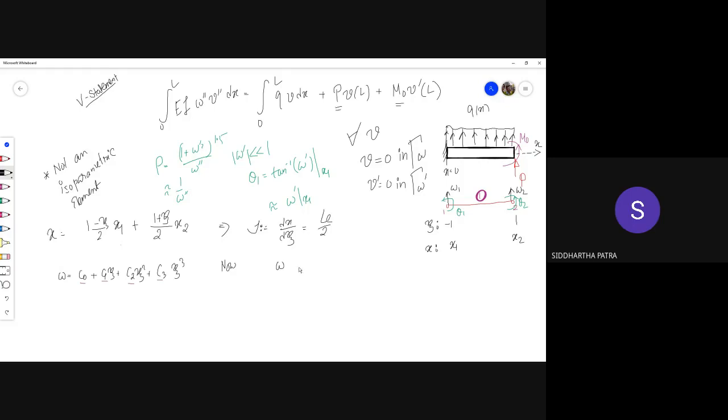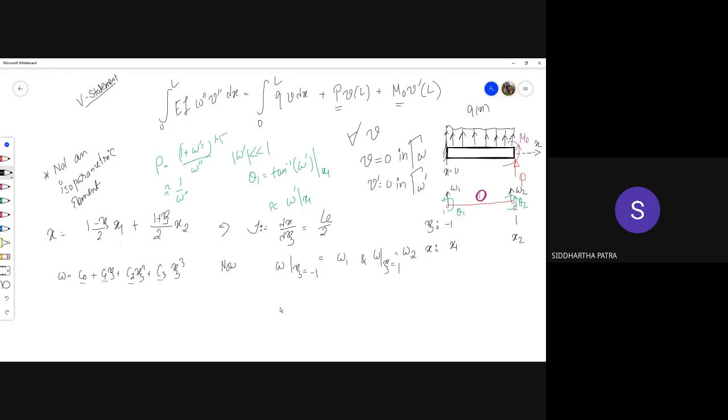W at xi equals minus 1 is W1, and W at xi equals 1 is W2.